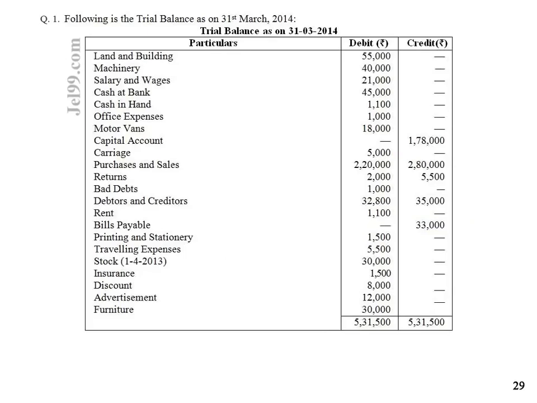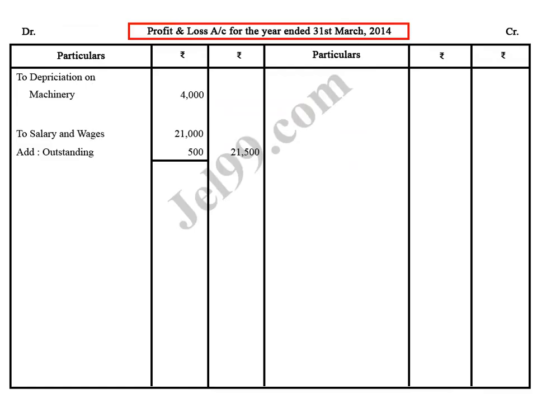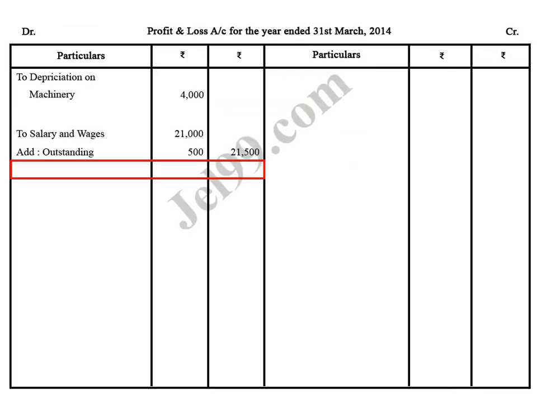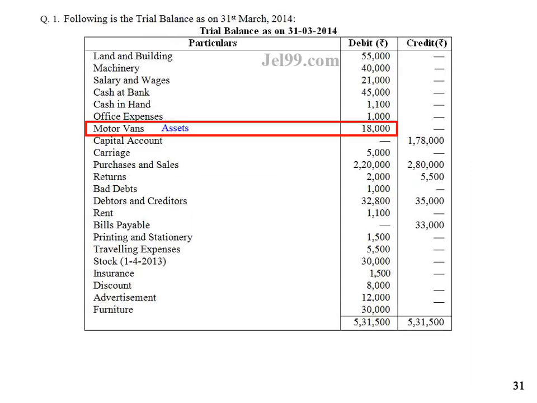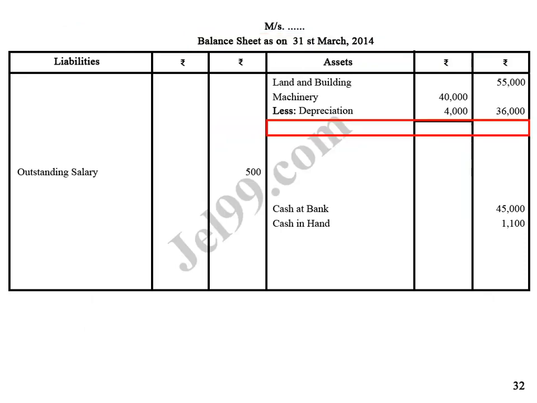Next entry, office expenses, rupees 1,000, it is shown in profit and loss account, debit side, to office expenses rupees 1,000. Next entry, motor van, rupees 18,000, it is shown in balance sheet, assets side, motor van rupees 18,000.